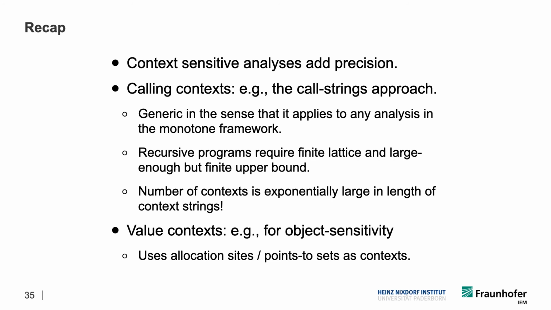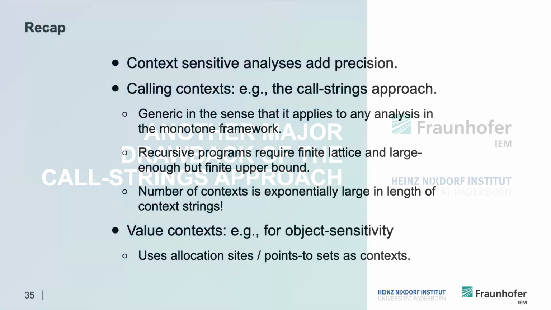And you have to find this K that you can use for K limiting, which is always a pain. Then we also talked about value contexts for object sensitivity. So what you can see here is that in general, this call strings approach and also related approaches like object sensitivity do work, but they also have some problems.